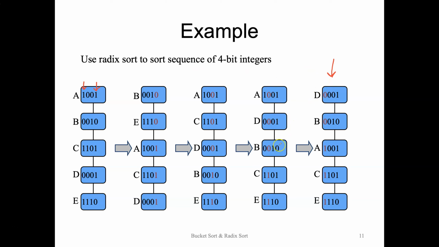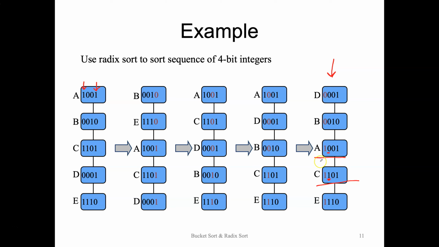But the idea here is that we have, for example, A and C. They have the same most significant bit. They both have a 1 there, but the reason why A comes before C is based on this next most significant bit.